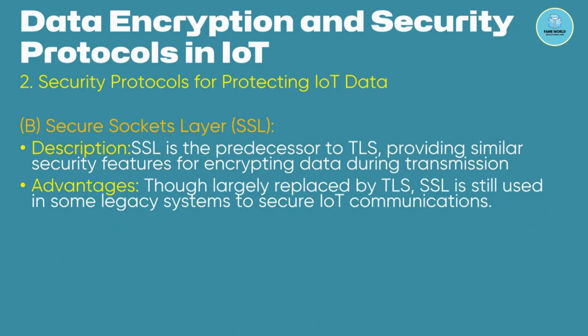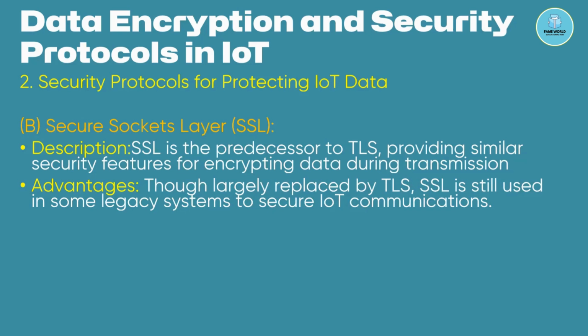So security is necessary. Another security protocol for protecting IoT data is Secure Socket Layer, SSL. You must have heard about it on websites. It is very much required. The SSL certification is also there, present on the website, showing that SSL is implemented. SSL is the predecessor of TLS, providing similar security features for encrypting the data during transmission. It has largely been replaced by TLS.